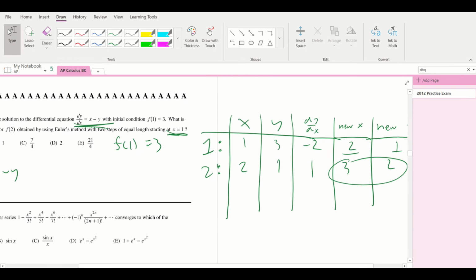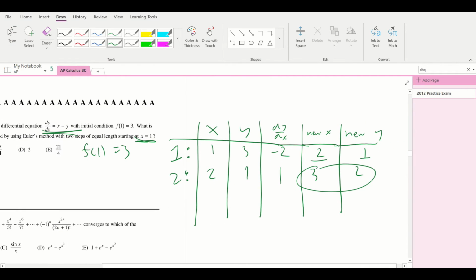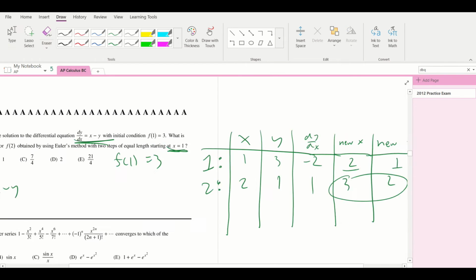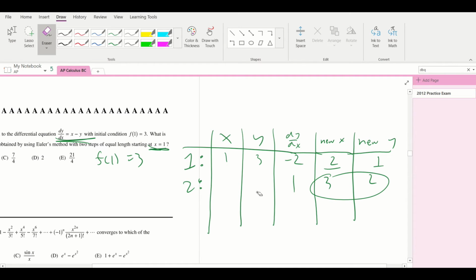Sorry, my bad. I misread the problem. It's 2 steps until you reach f of 2. So in fact, the new x would be 3 over 2, and the new y would be 2, because you go up 1/2 in x and down half of this.